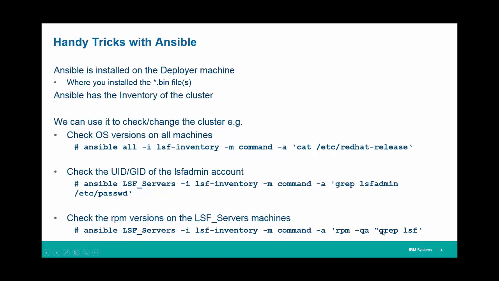Oh, there's a typo there; I need to fix the quoting. Anyway, you could run commands like this to query your environment. It's kind of like xdsh or pdsh, those parallel shells, so essentially using Ansible to do something like that as well. Those are some handy tricks that you can do with Ansible.